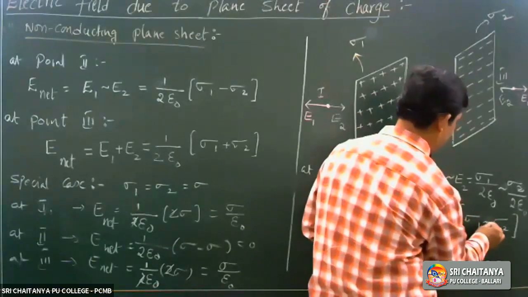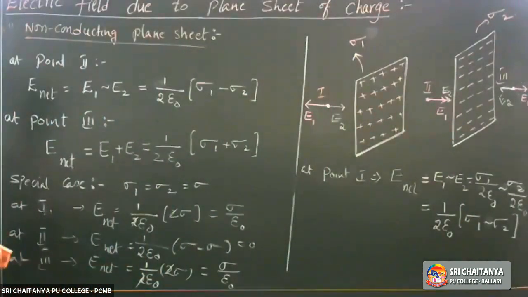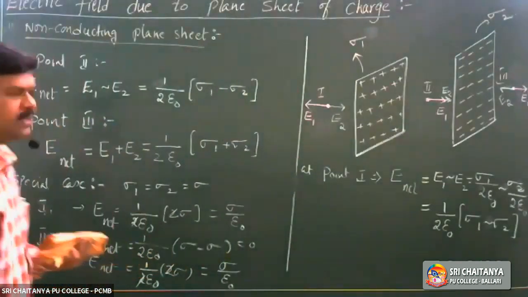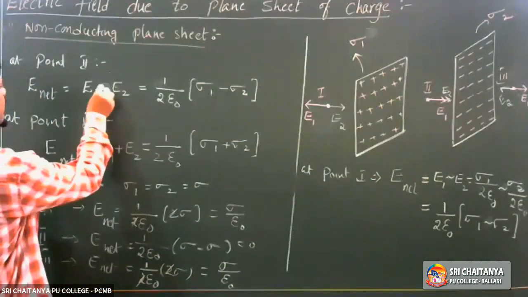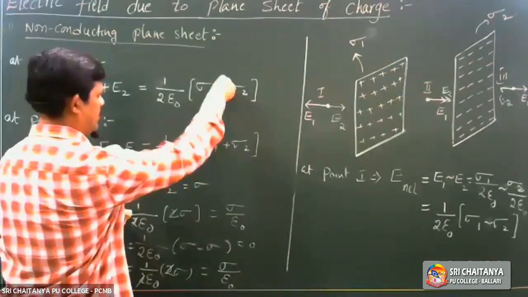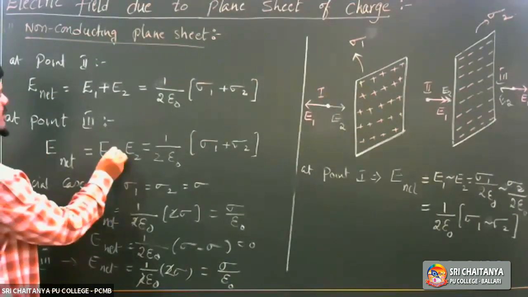Clear? Come to this point too. How are they in the same direction? They are in the same direction. Whenever they are in the same direction, they add up. Come to point 3 again. They are in opposite direction, so difference.